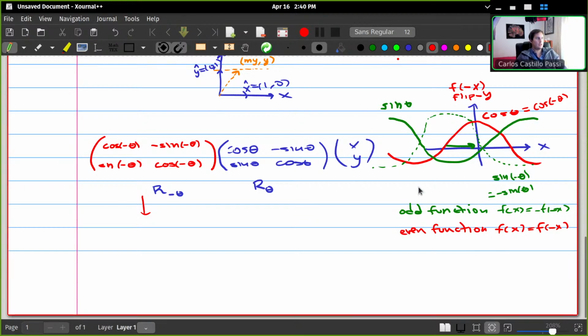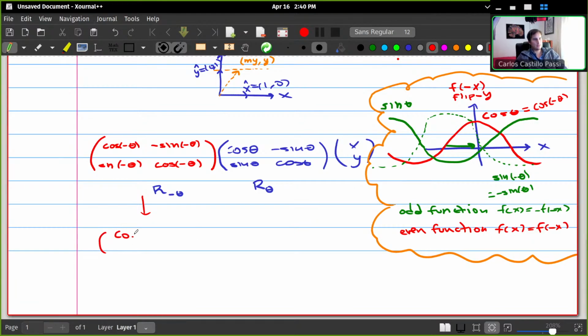If we apply those principles, this is a reminder, so I will put it in a cloud. Like that. If we apply these equations to the rotation matrix, we'll have that the cosine of minus theta goes to just theta. This minus sign goes to the outside and cancels out.